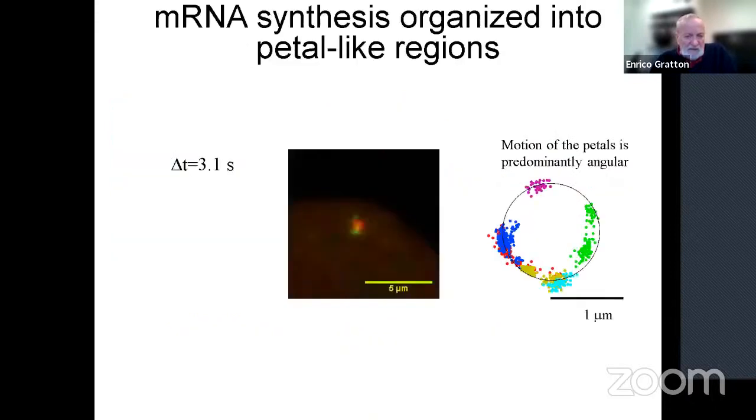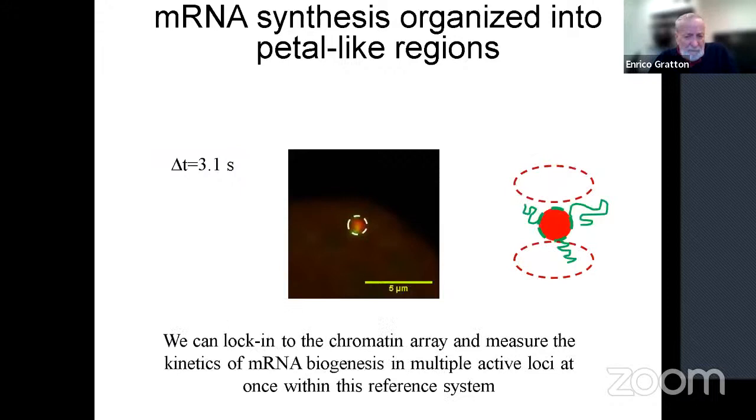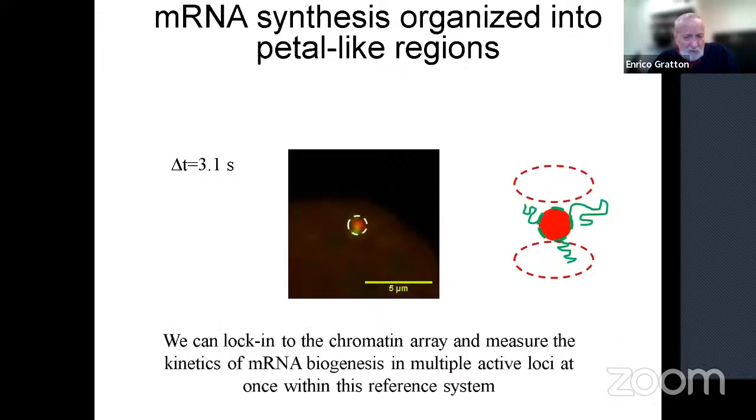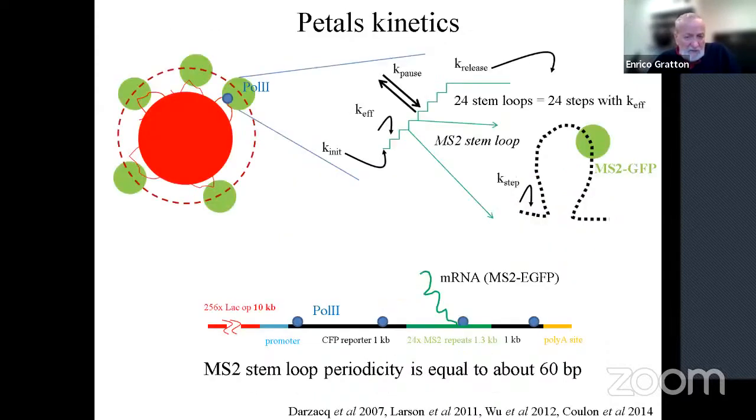Okay, next slide. Now this is a system in which we have many genes, and the genes produce, as you can see, green, like petals around the nuclei, and these petals are relatively stable.